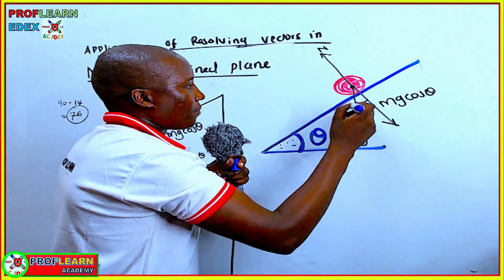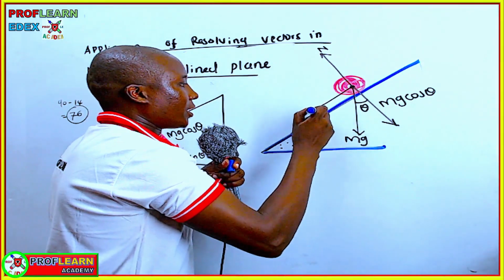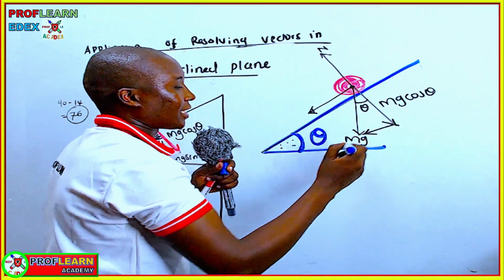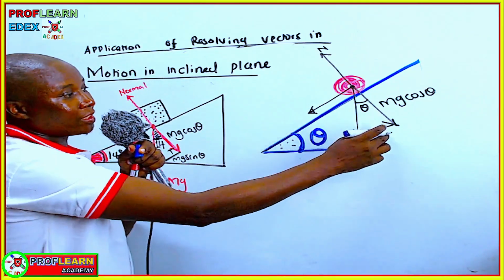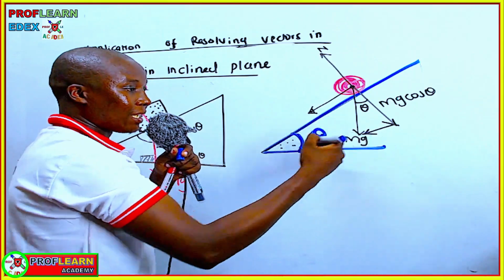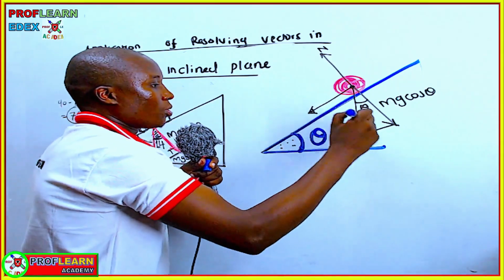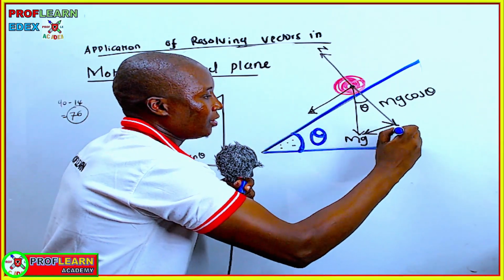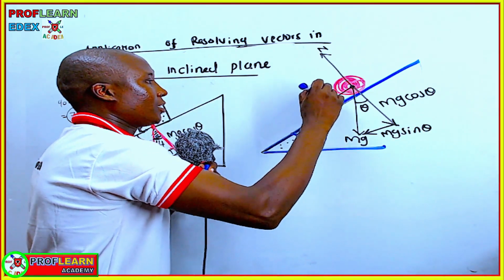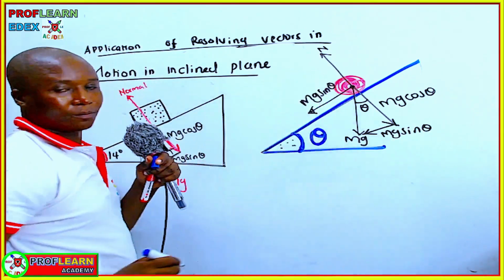The force pulling this object down the inclined plane is equal to this component, because they are parallel and acting in the same direction. This one, we've said, is mg sine theta. So this one is also mg sine theta.